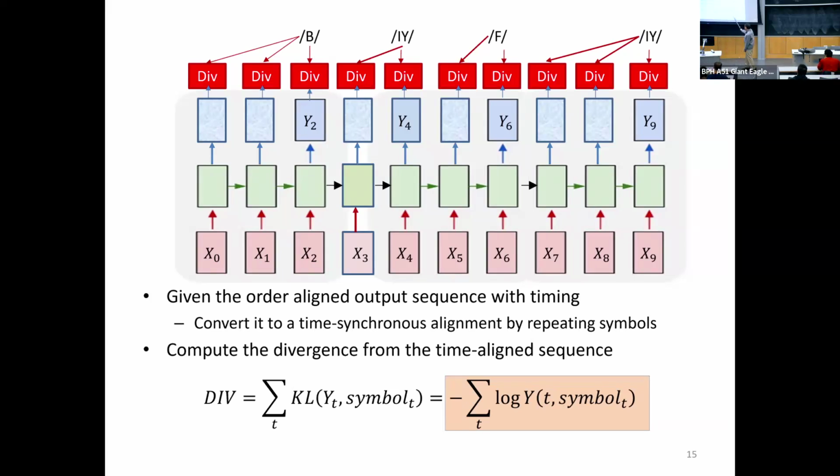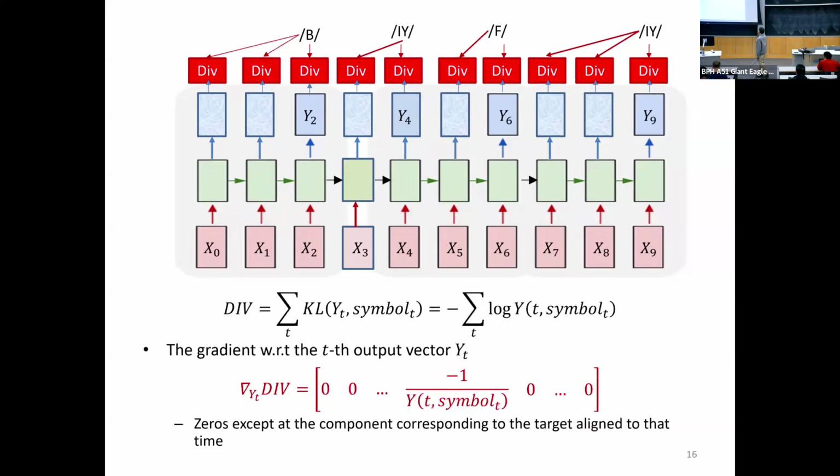Now, this thing is important. Please keep track of it. We're going to see it a few times. And so here again is the divergence. It's the negative of the summation over all time of the log of the probability assigned to the target symbol at each time.